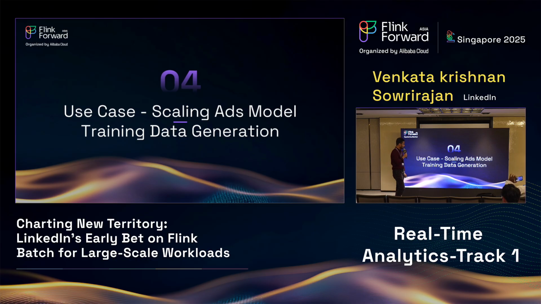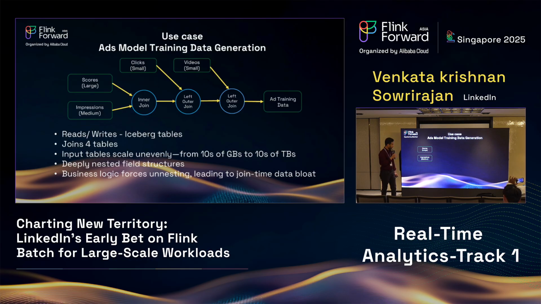In this use case, the goal is to train models for our LinkedIn ads, and this particular job is primarily dealing with model training data generation. Let me give a quick overview of the high-level business logic that this job operates.